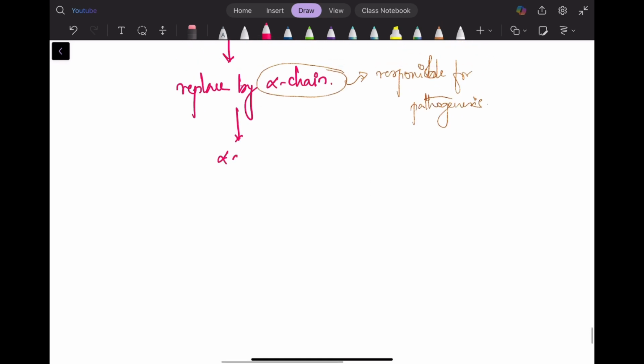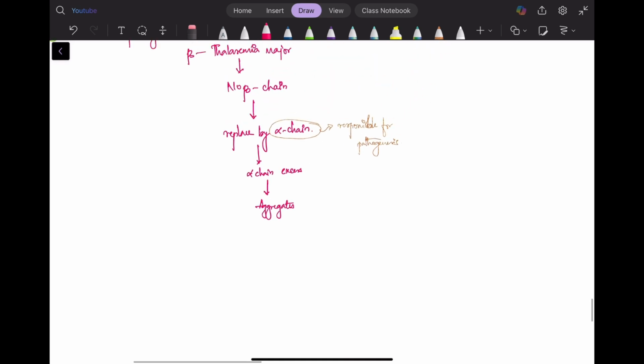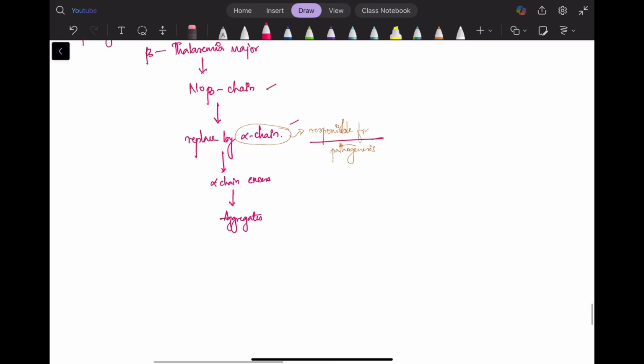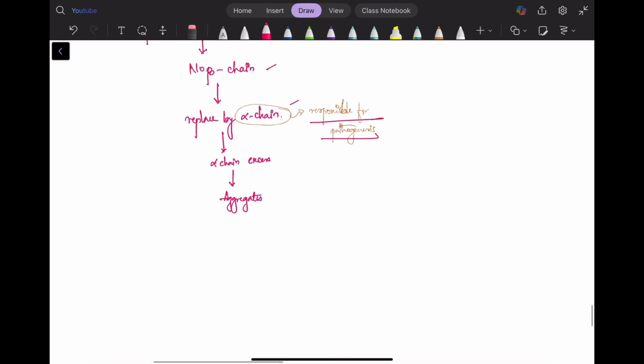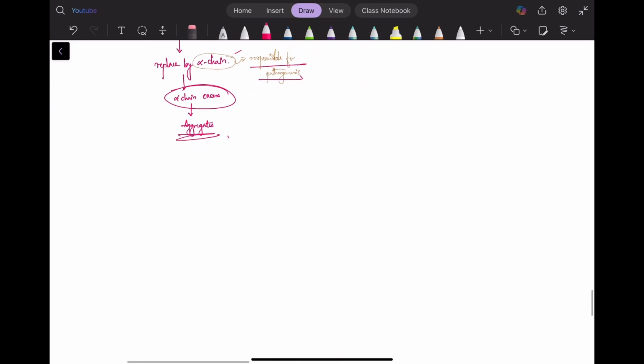Alpha chain excess, then what happens? It aggregates, right? Since there is no beta chain, the alpha chain replaces it and is in excess, which aggregates. What does it aggregate in? Proerythrocytes. So this is your RBC with a nucleus, then we have the alpha chain.